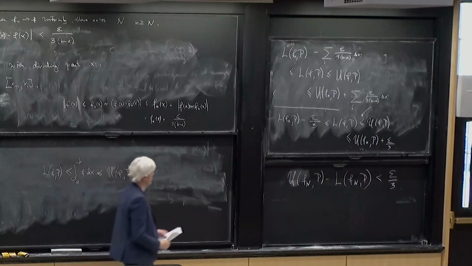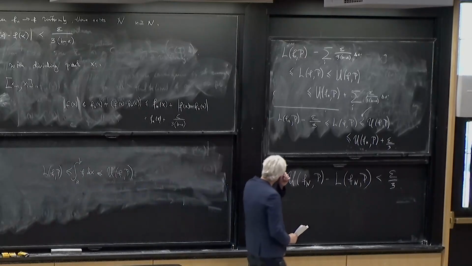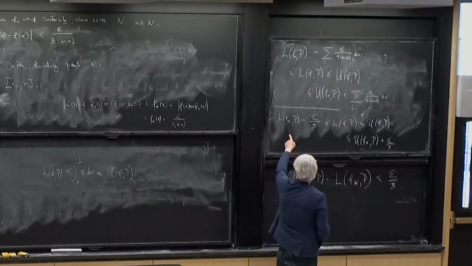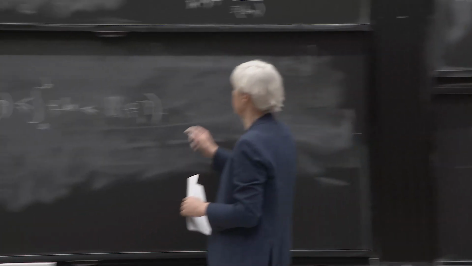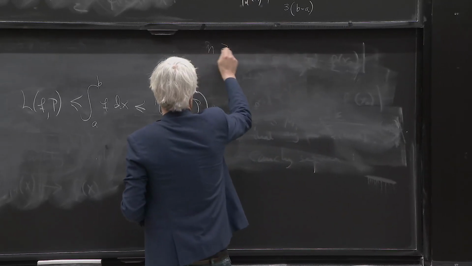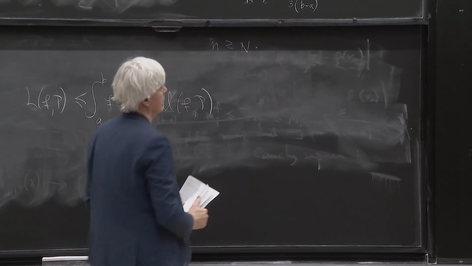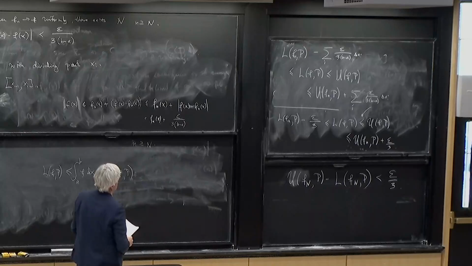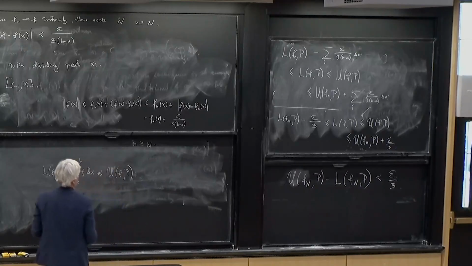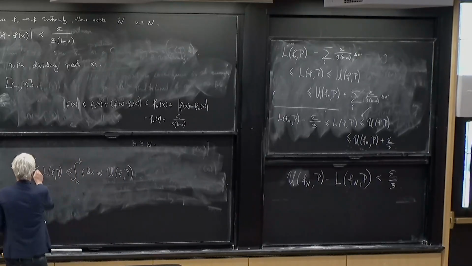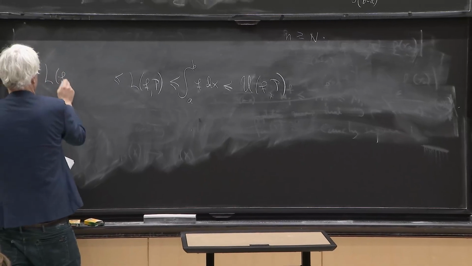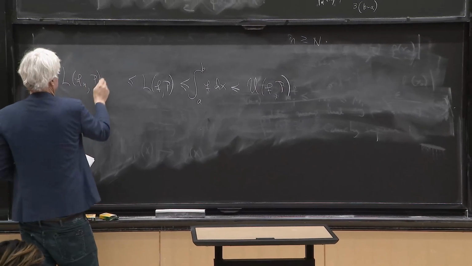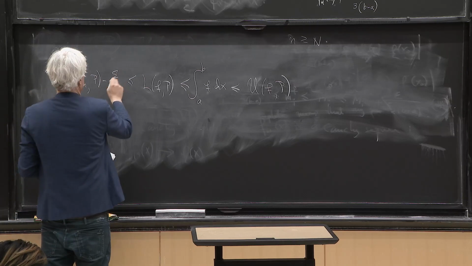And now if we use that for this given epsilon, n was bigger or equal to capital N, then this thing was bounded below by this inequality L Fn P minus epsilon over 3.